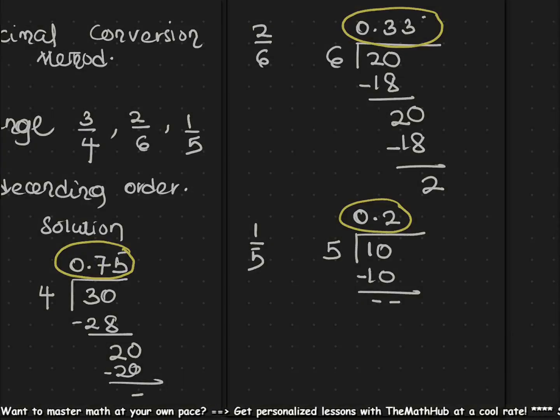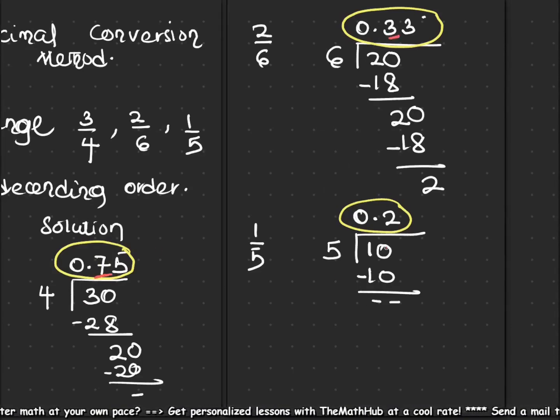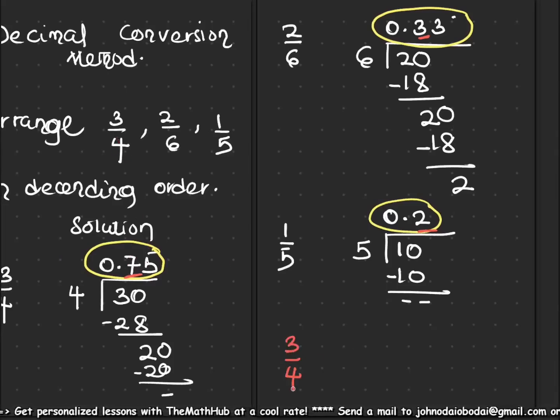Take note. But this here is 0.3. This here is 0.2. So just by comparing the first decimal place, you realize that the 0.7 here is the biggest. And it corresponds to 3 over 4. So it means 3 over 4 is our biggest fraction.